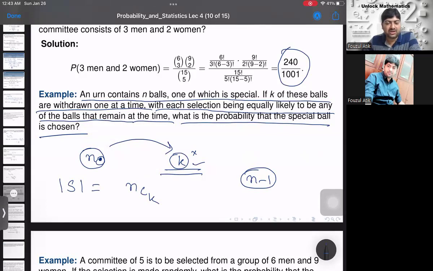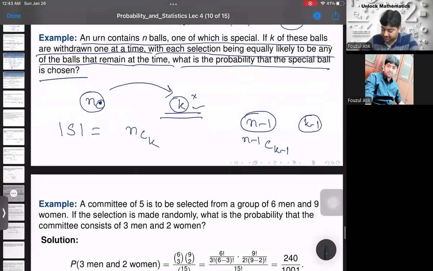So how many balls remain to be selected? It is k minus 1 balls. So how many total possibilities? The same way I can say that is n minus 1 C k minus 1 ways. So this is the number of cases where the special ball is already selected.